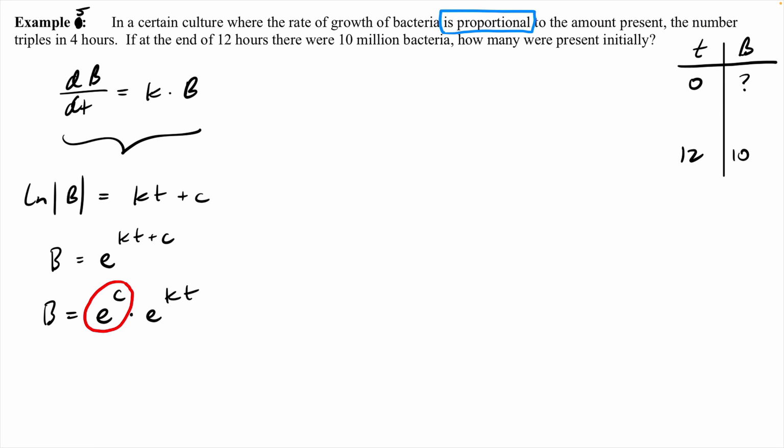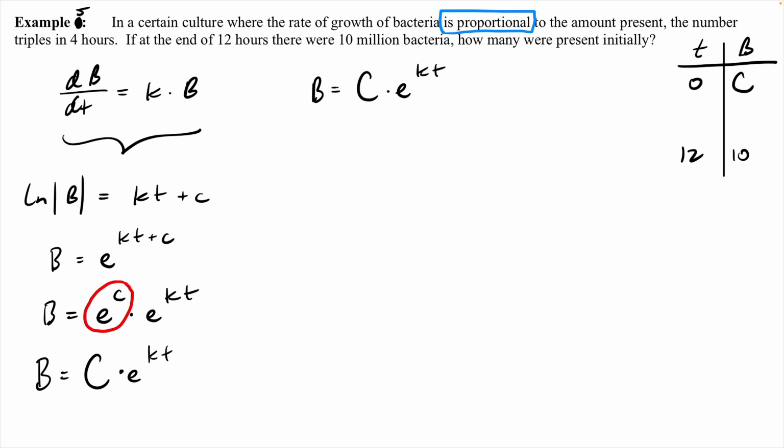So I'm going to put a little placeholder there. Since we don't know it, I'm going to call it capital C. So I got B equals capital C times e to the KT.